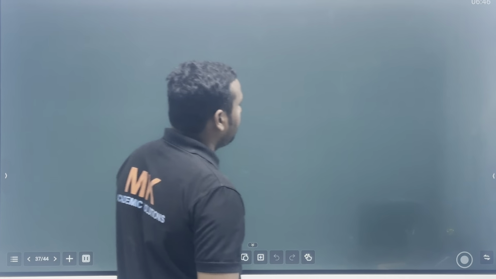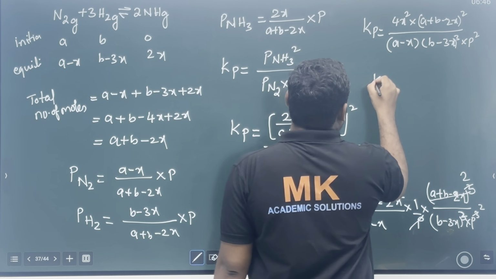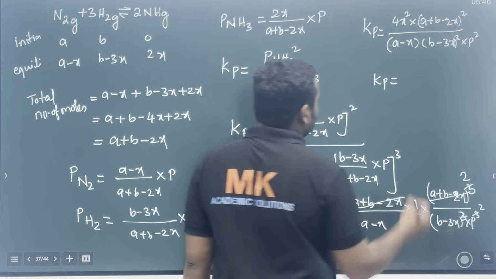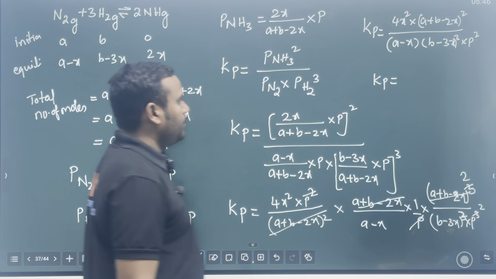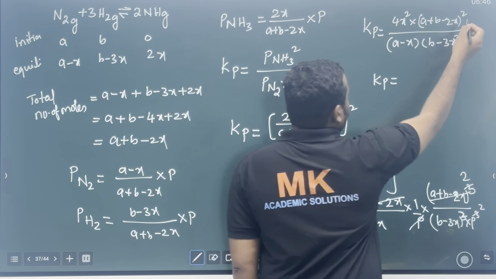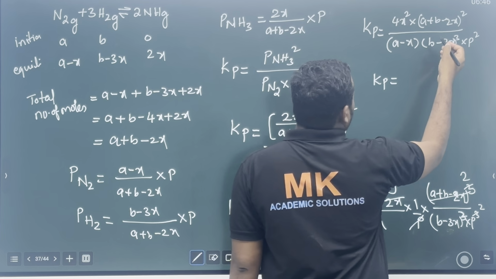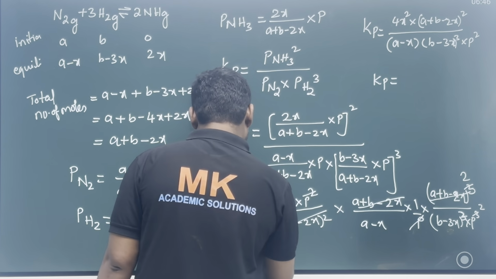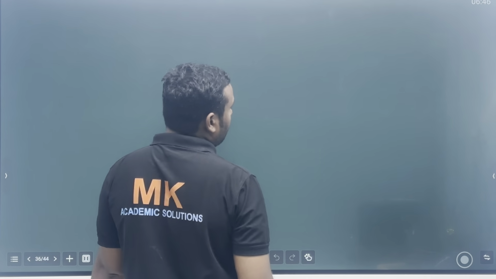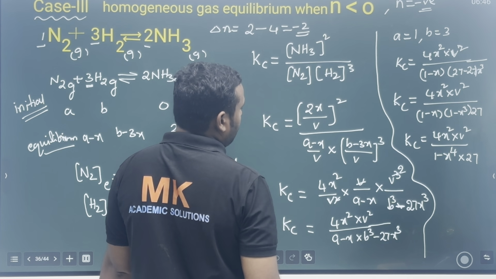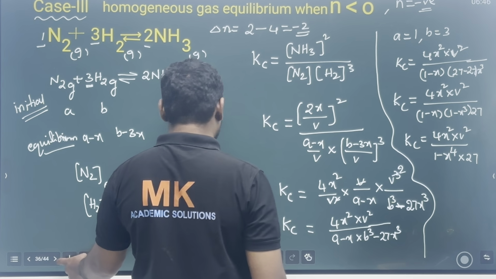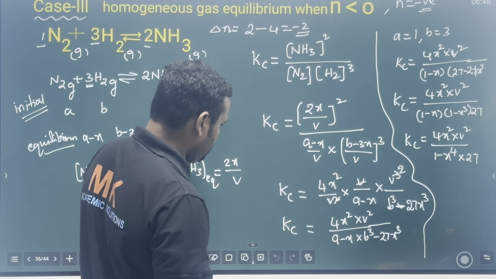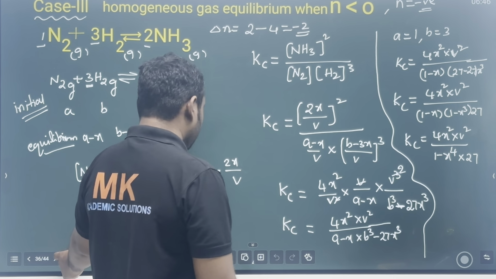Now Kp is equal to this value, 4x square. I have made any mistakes? Okay, no mistakes.